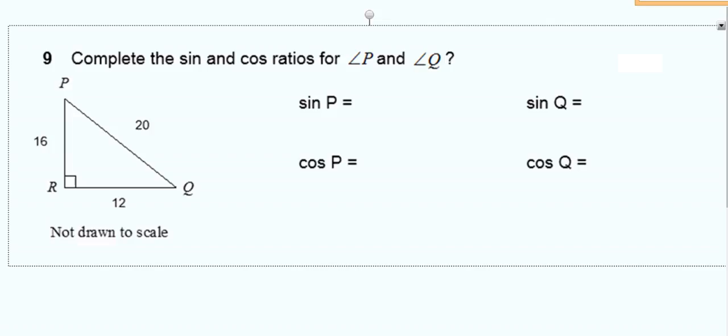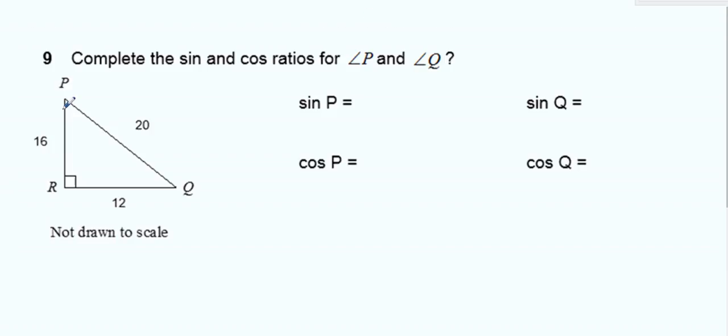Complete the ratios for sine and cosine of P and angle Q. So for sine of P, looking at this angle, which means we have opposite, adjacent, and hypotenuse.